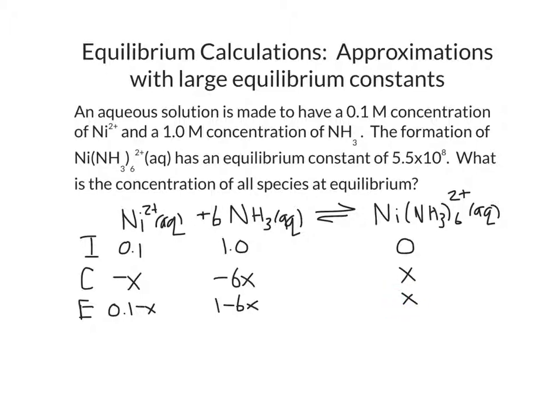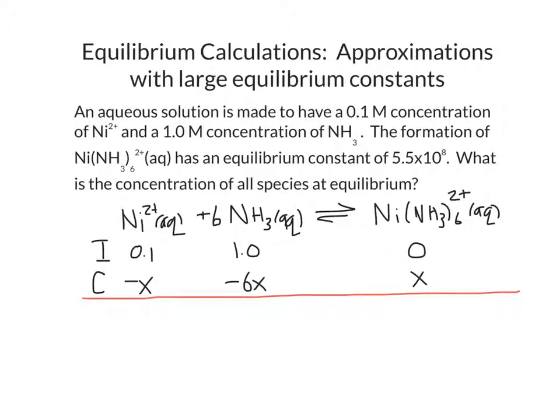So I can't ignore X relative to 1, or even worse, I can't ignore X relative to 0.1. So I can't make any approximations about the value of X relative to my initial concentrations here. I'm going to have to do a little bit more work to figure out a way to do this approximation.